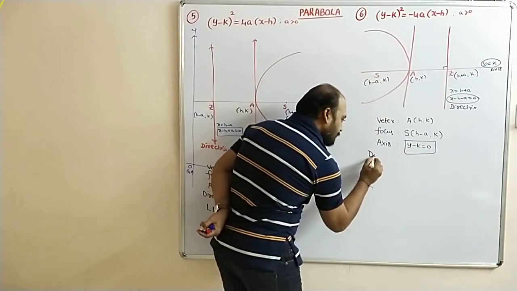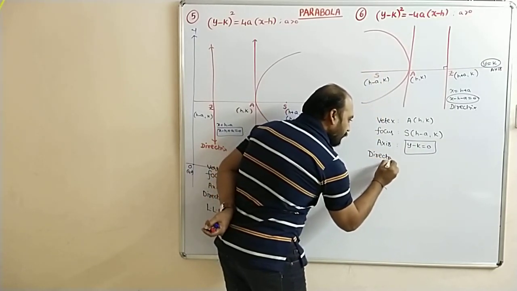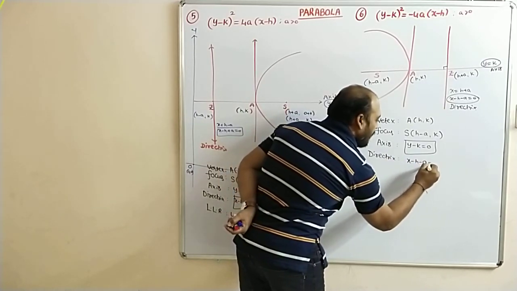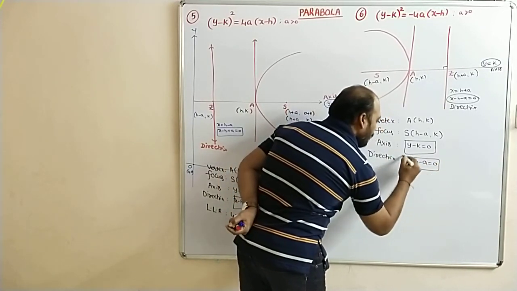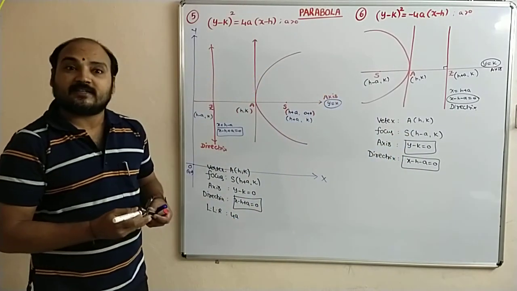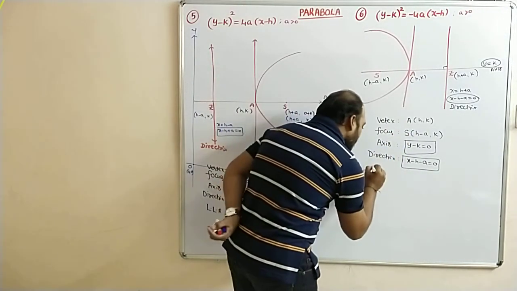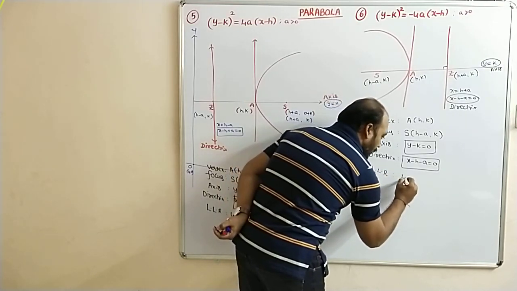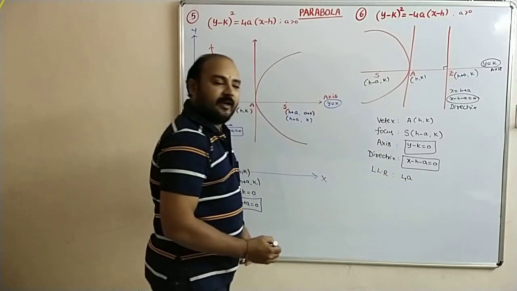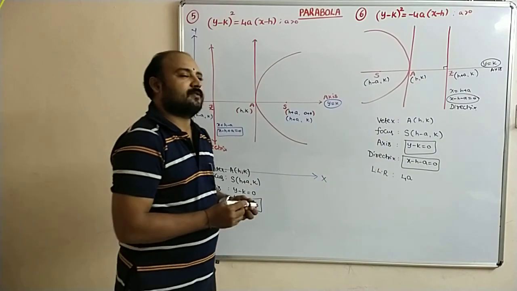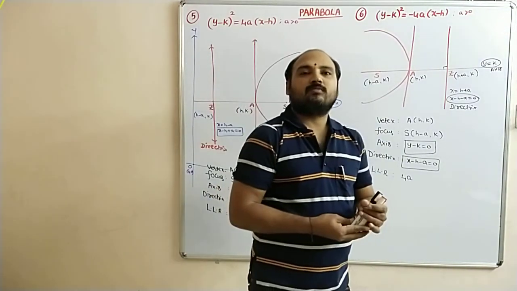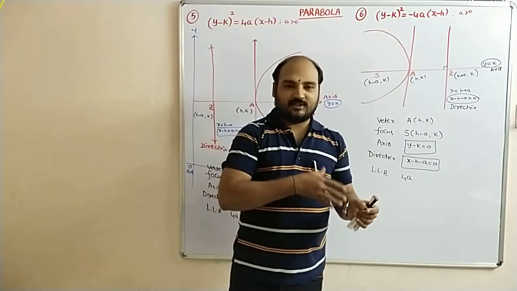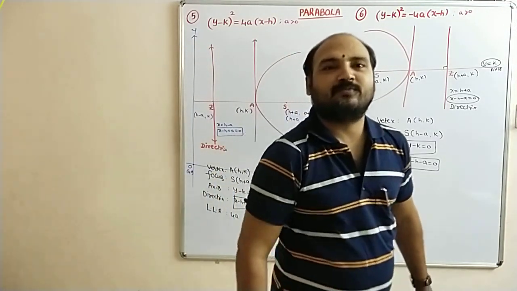And directrix: x minus h minus a equal to 0. And length of latus rectum LLR is 4a. More, 2 are there, 7 and 8. After that, general equation of parabola also.